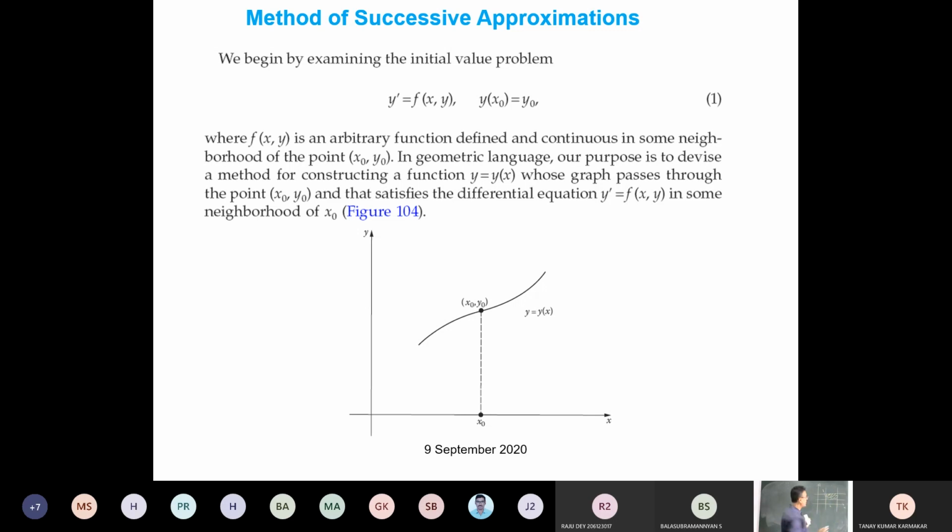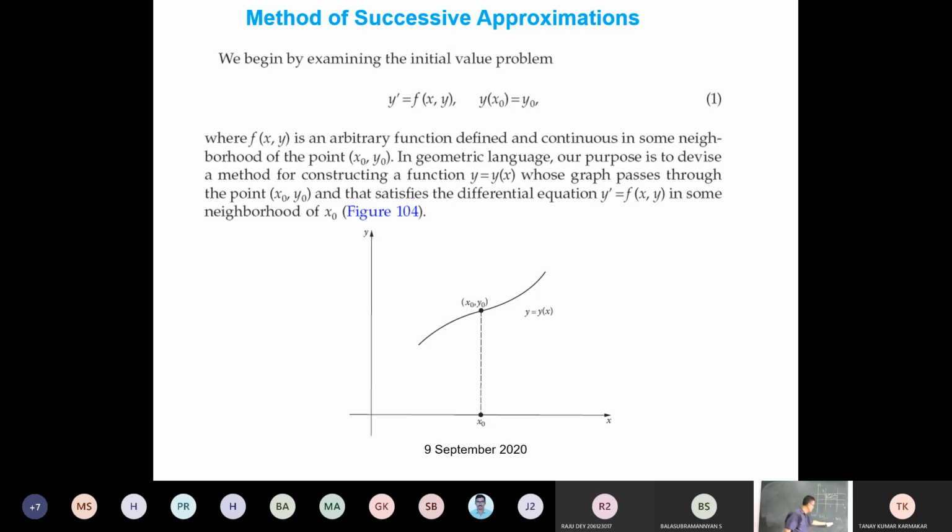Okay, fine. Now, my aim is that I am trying to find this green curve passing through the point x0, y0. I am trying to generate this through a sequence of functions, like this, and so on.